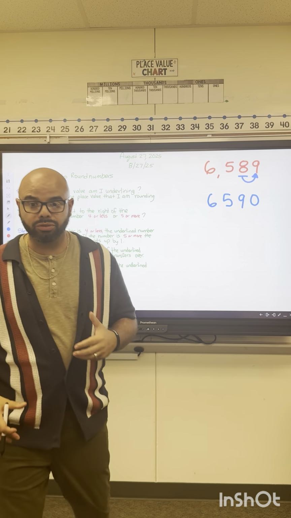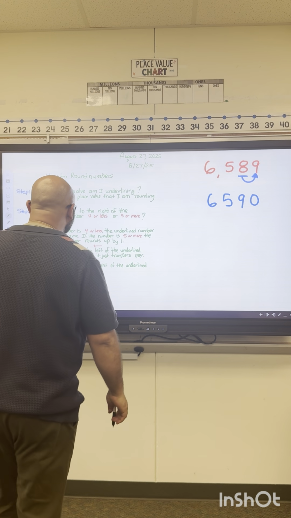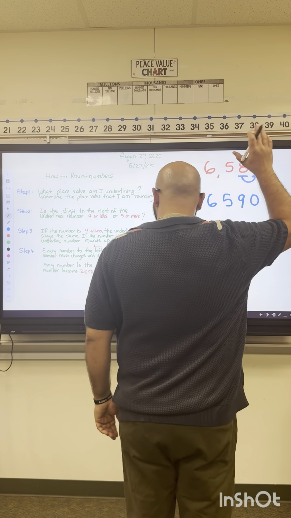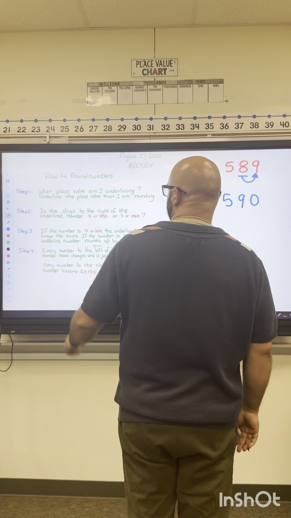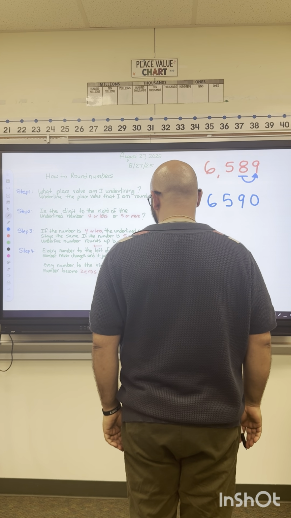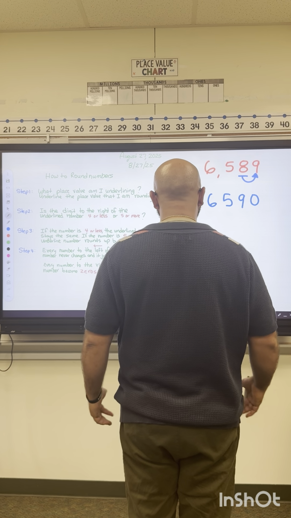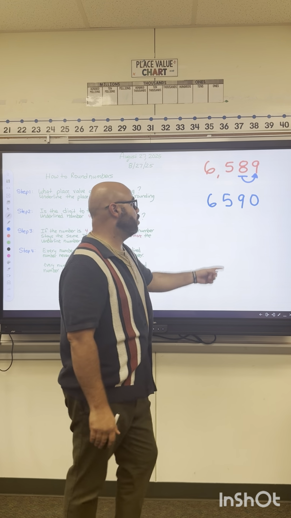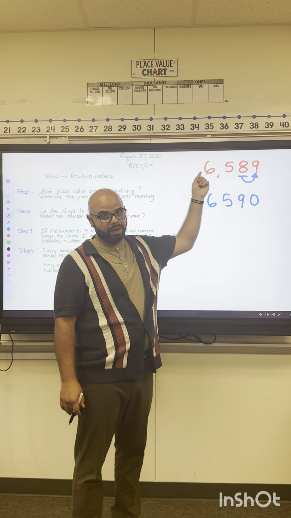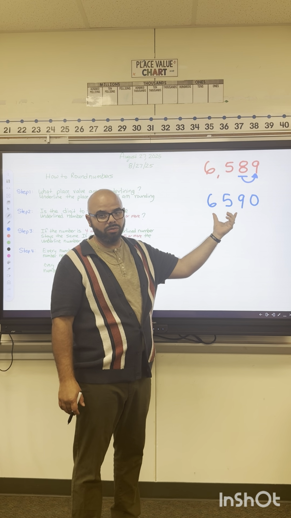If you could get them to read the instructions, read the steps, they'll get it. Every number to the left of the underlined number, so I'm the number 8, I'm the underlined number. If you read step number 4, every number to the left of the underlined number never changes. It just transfers over. So the numbers 6 and 5 are to the left of the 8. Those never change, they just transfer over, okay?